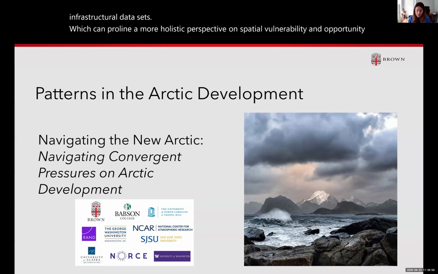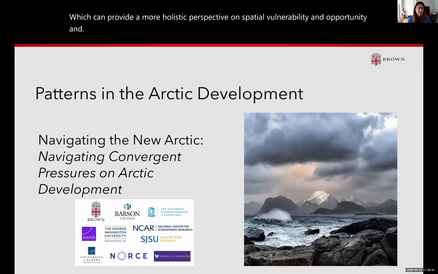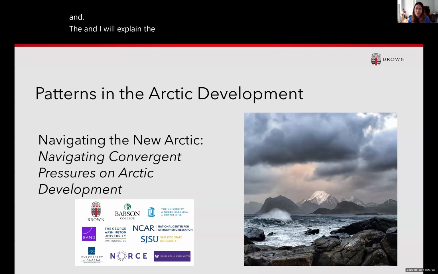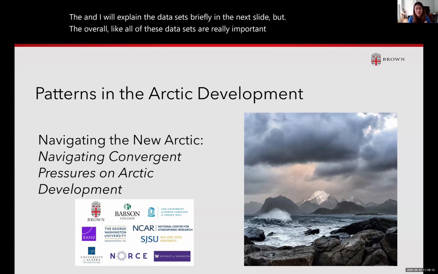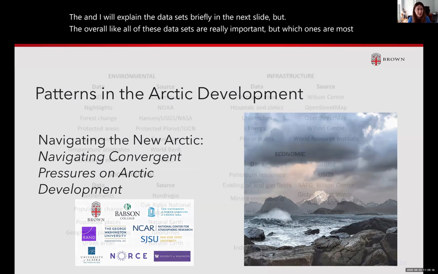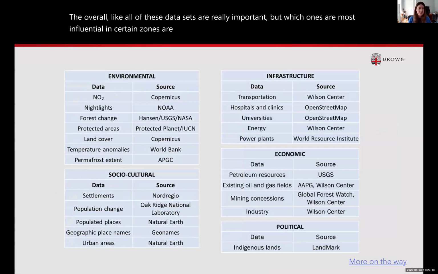I will explain the data sets briefly in the next slide, but overall, all of these data sets are really important, and which ones are most influential in certain zones is the priority.